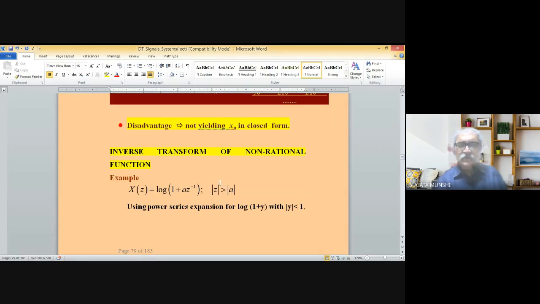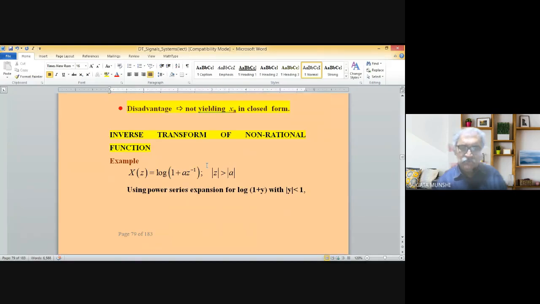Then how will you obtain the inverse Z transform for this expression? Write down these things. You know the infinite series expansion of log of 1 plus a z to the power minus 1. So that knowledge has to be applied here.